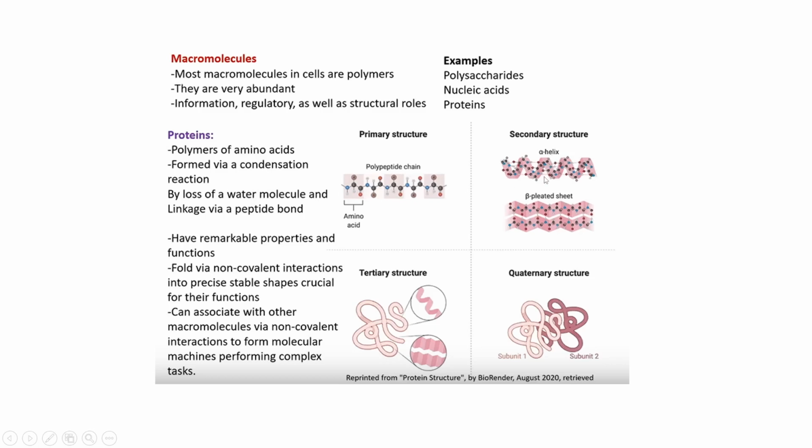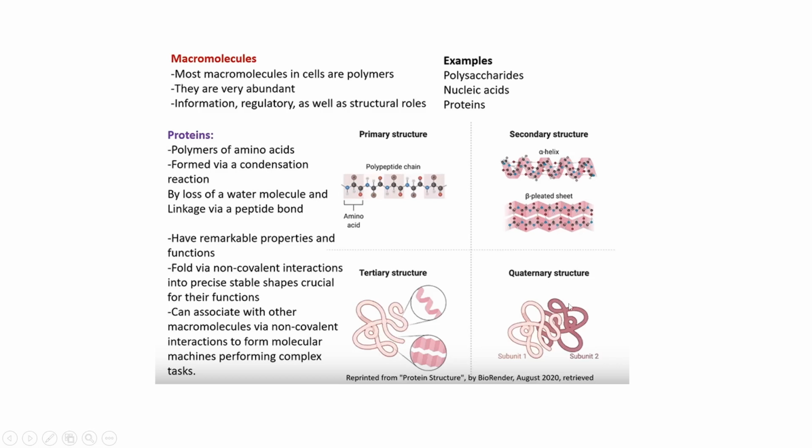In alpha helices, we observe hydrogen bond formation; hydrogen bonds are most prominent in the secondary structure. In the tertiary structure, there are more non-covalent interactions, such as hydrophobic interactions as well as ionic and van der Waals interactions.